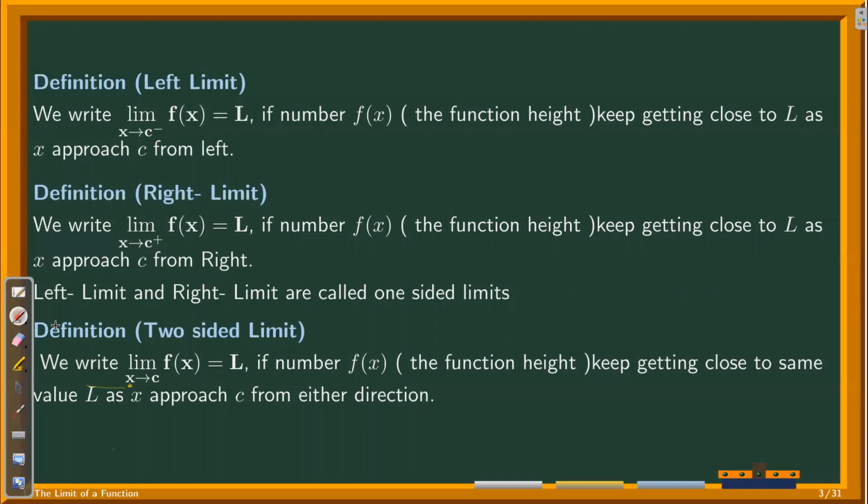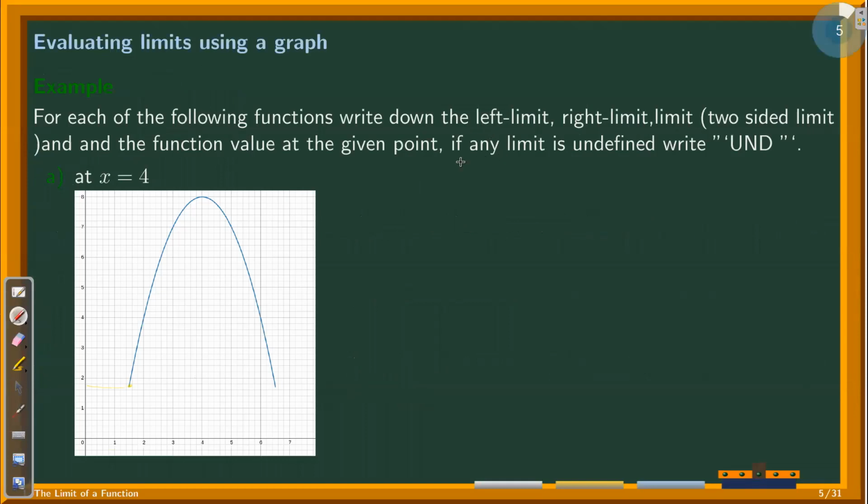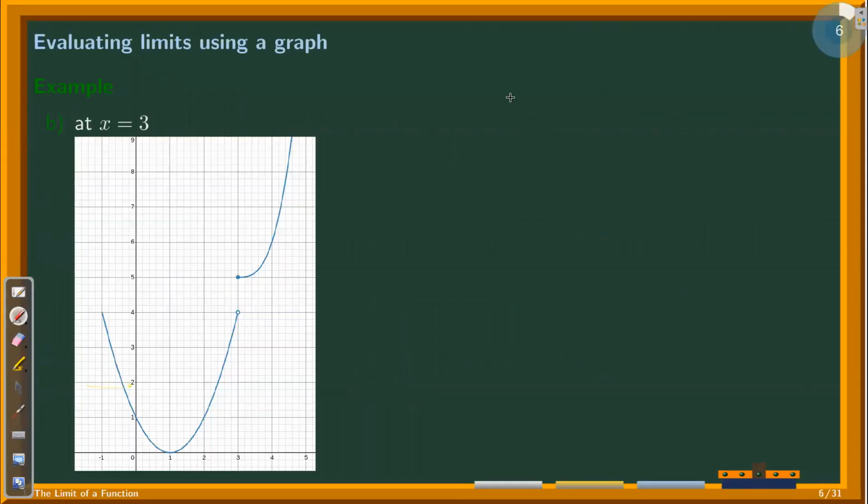Then this is the two-sided limit. Two-sided limit is defined only if these two are equal. Then the two-sided limit takes the same value because it describes the common behavior. From either side, x approaches c, f(x) goes to a. So here, the limit as x goes to c minus of f(x) is 4.